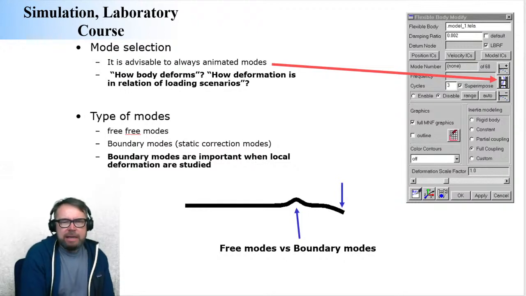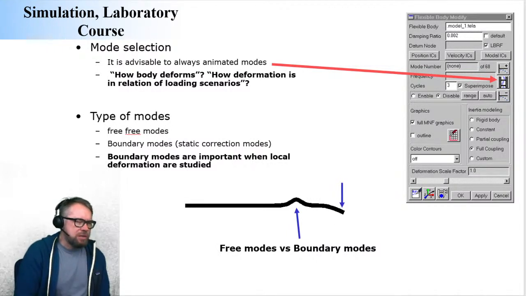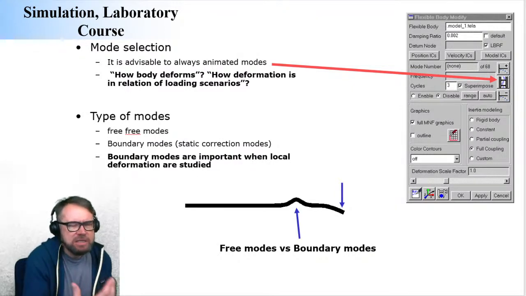Also, the advice which is often used is to use the Craig-Bampton method, which is criticized a little bit in the academic community, but it's still often used because it allows you to describe the local deformation. And this local deformation is often important, particularly if you want to predict the stresses, something that is used, for example, in fatigue analysis.